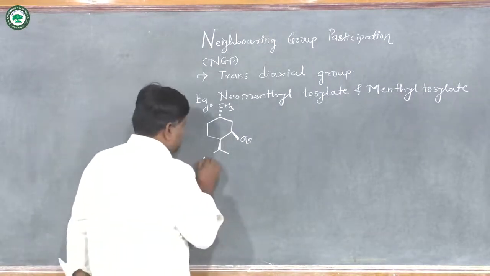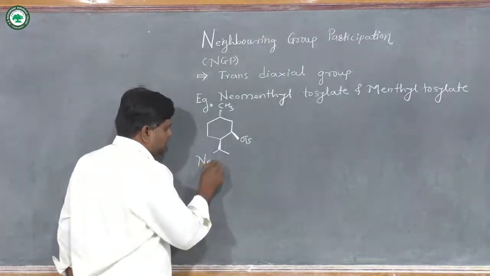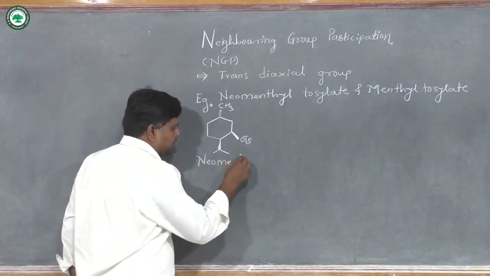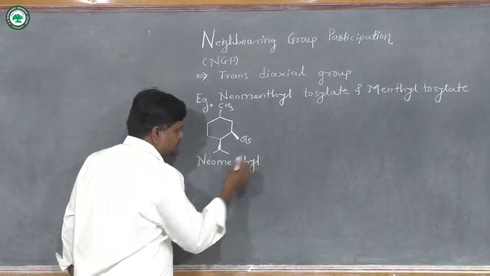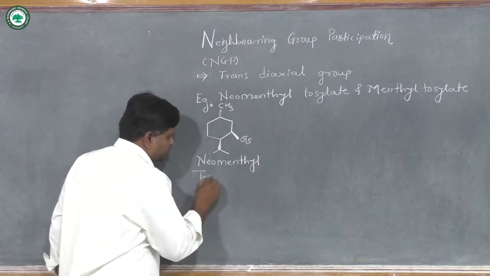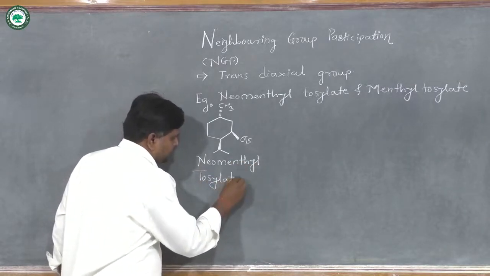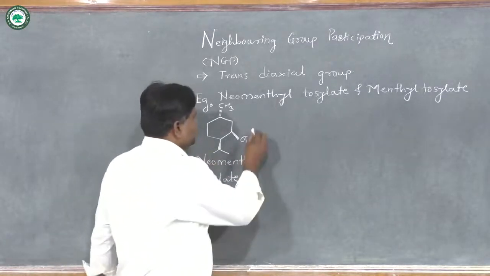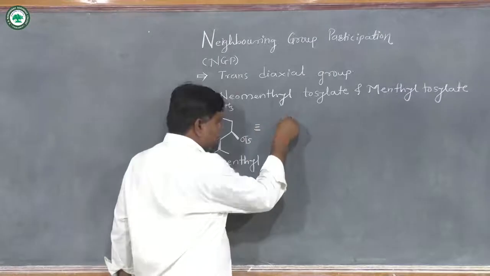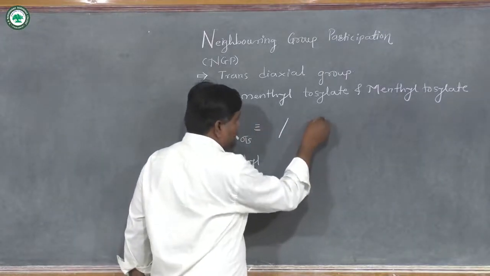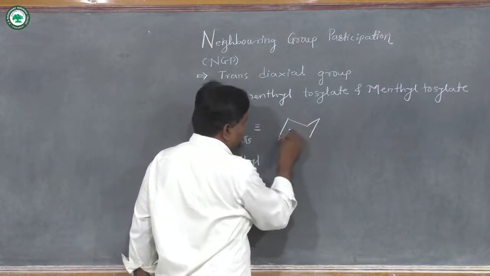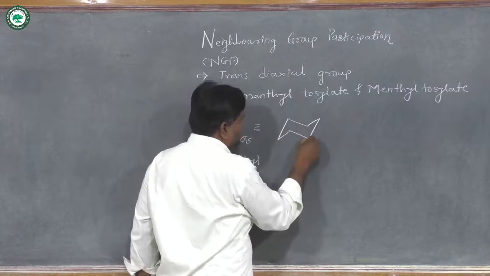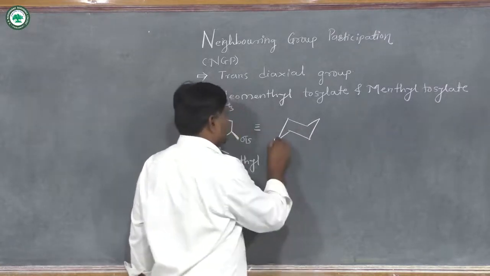conformation. So here we write neomethyl tosylate in chair conformation, as we already discussed in the case of methyl and neomethyl chloride.